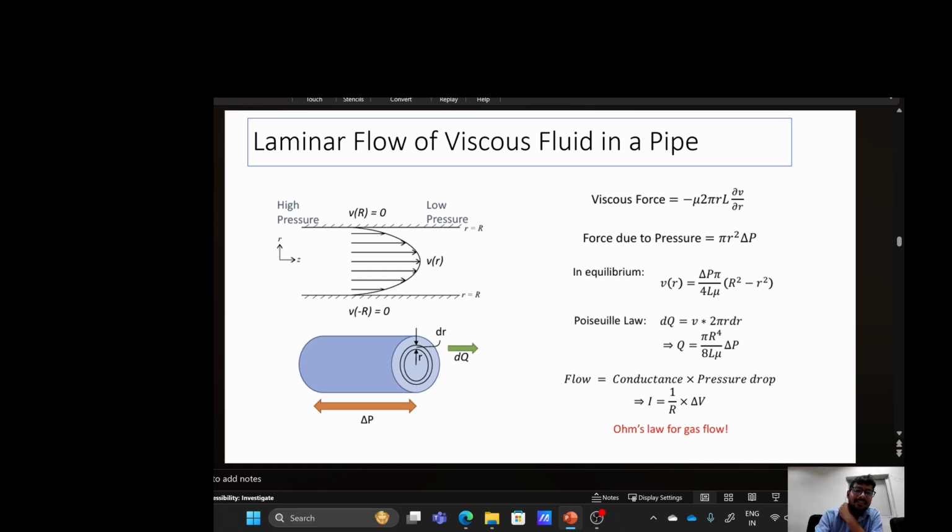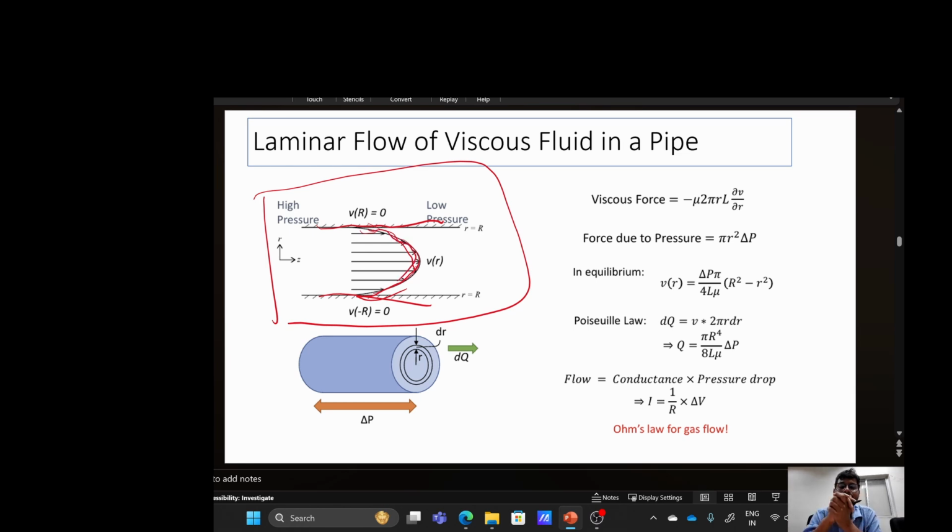So this is a typical representation of laminar flow: how a fluid, gas or liquid flows through a pipe. This is the wall of the pipe, and this is the velocity profile of the fluid inside the pipe.